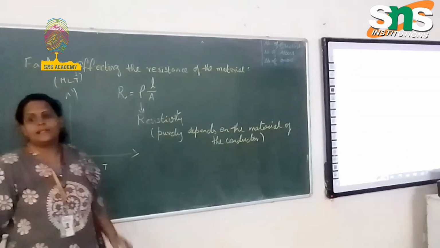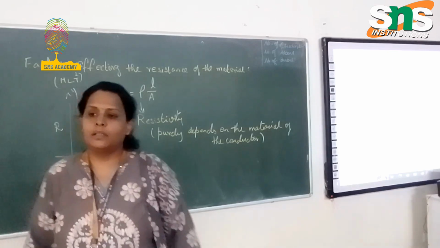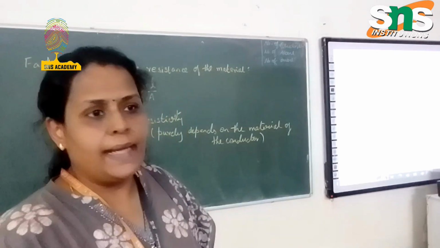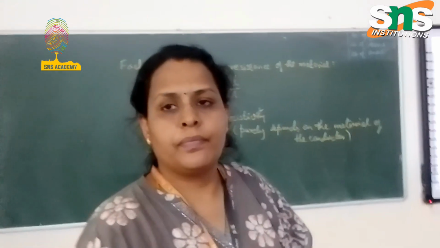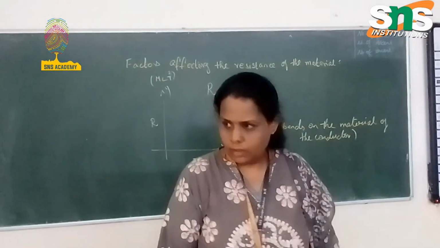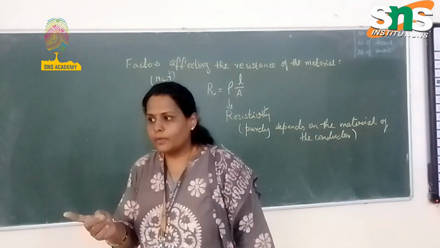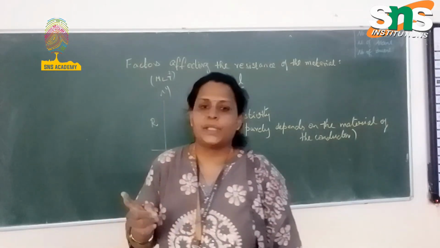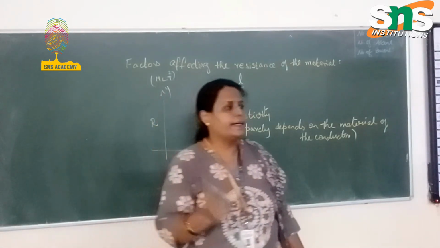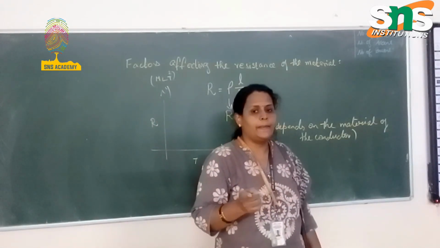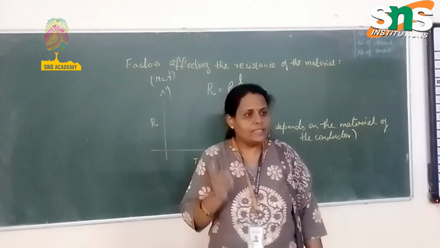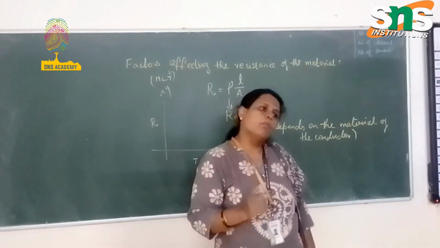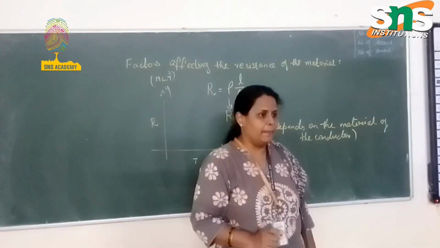If you are increasing the temperature, what will happen? Very good. Kinetic energy will increase. Then molecules, atoms will move faster. What about collision or hitting that we have discussed on the day? Collision will be more or less? More. Very good. Collision will be more.